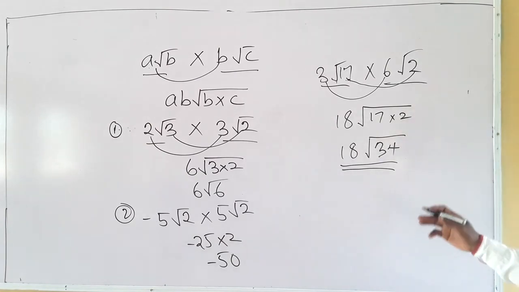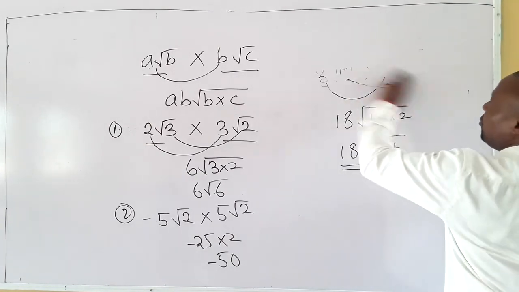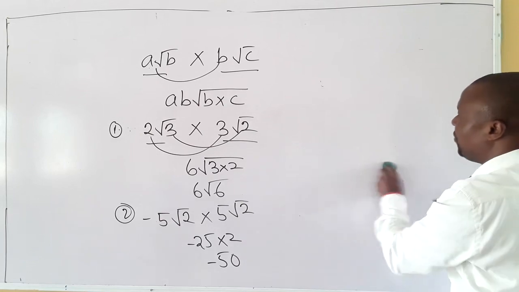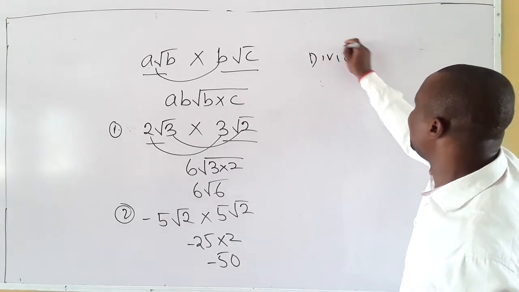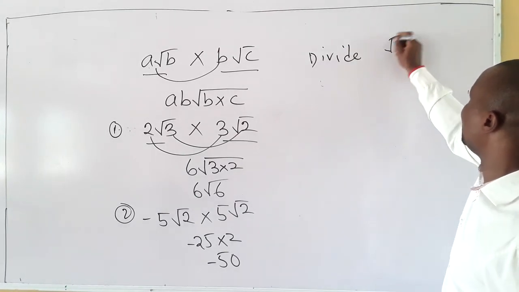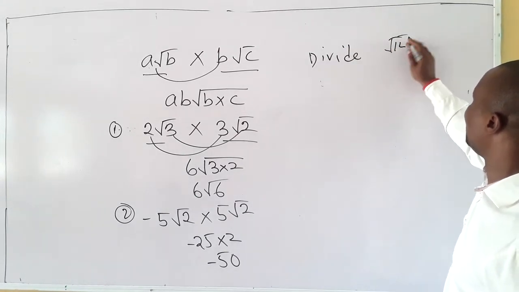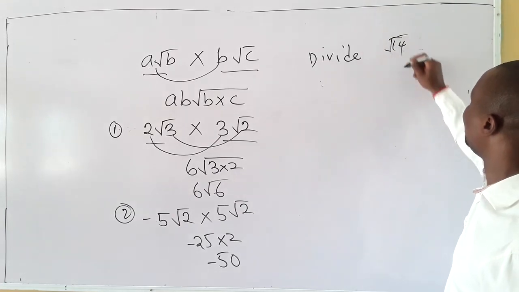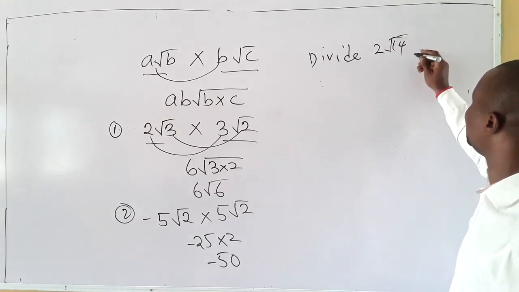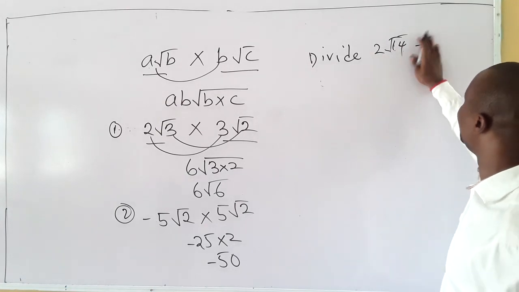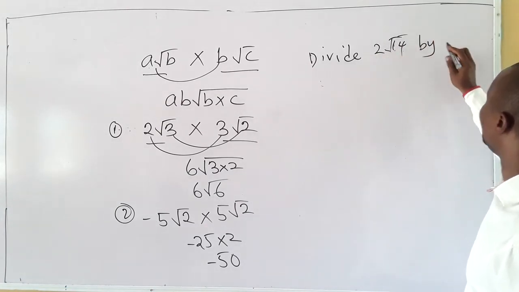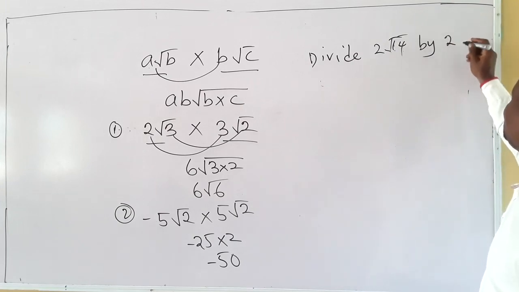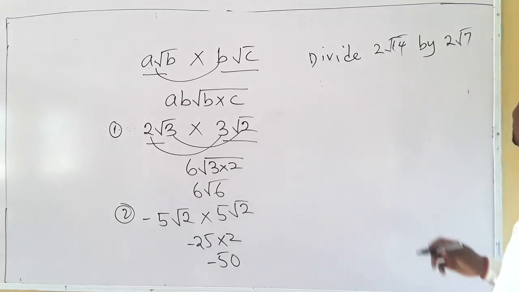Now, how do we divide surds? Let us see how we divide surds. You can be asked to divide, say, 2 root 14 by 2 root 7.